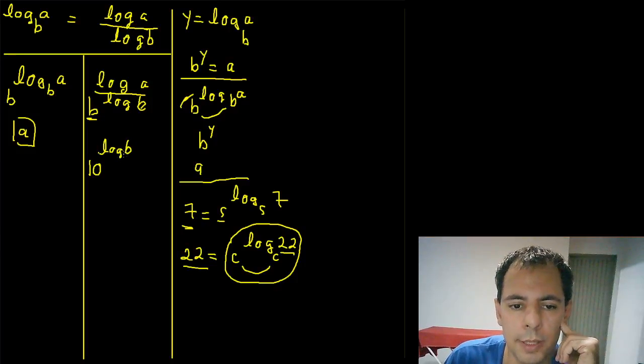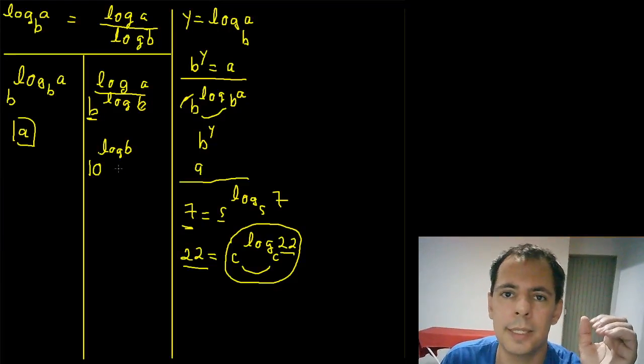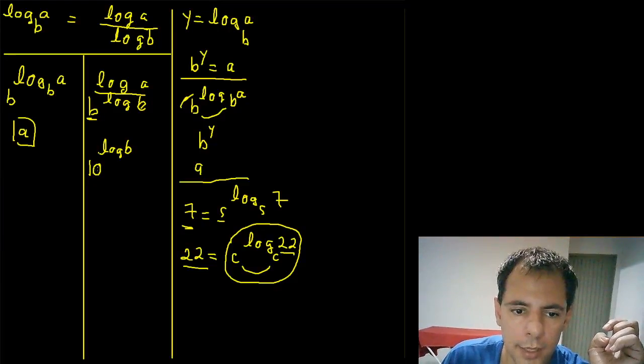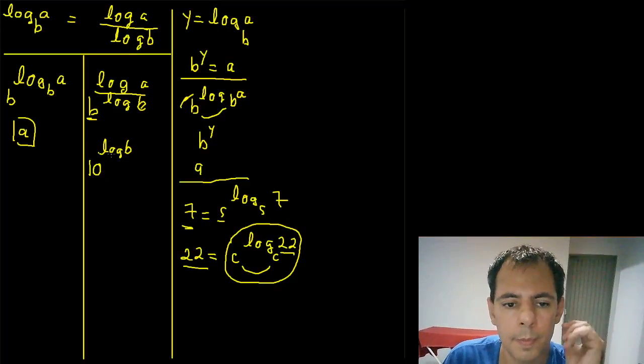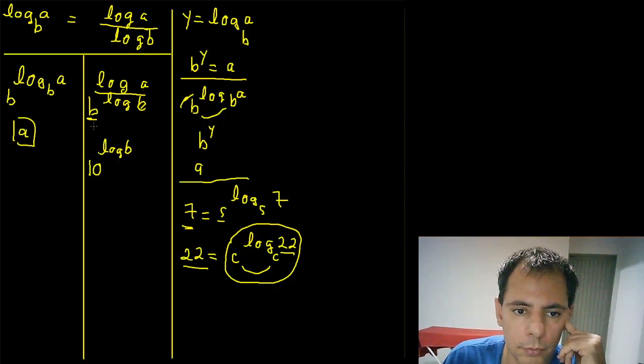Why am I doing this? Because there's a base hidden in here. Whenever the base doesn't show up, it's because it's 10. So you got a 10 here and you got a 10 in here. So the bases are equal, 10, 10. The whole thing equals b, equals this b right here.